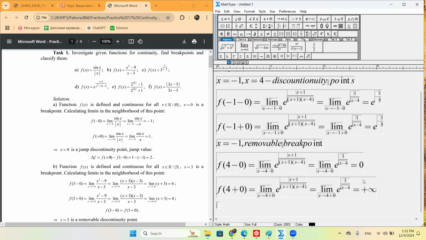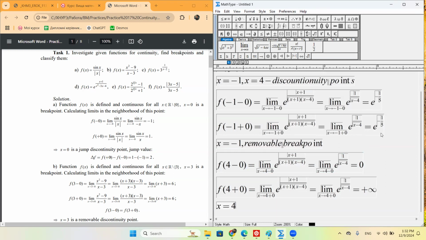So which kind of discontinuity point is it? Jump discontinuity. Are you sure? Why do you think so? What about infinite limits?